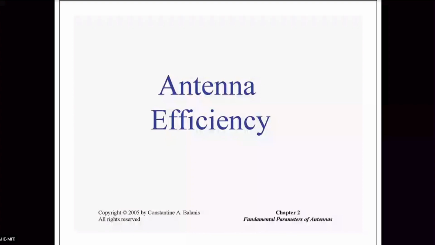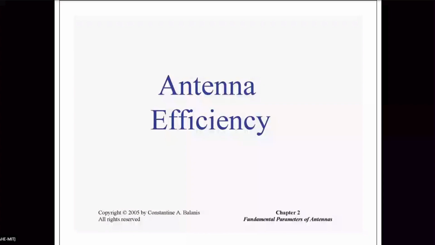So using the cross formula, we are getting D naught as 3.964 dB. Is it clear?